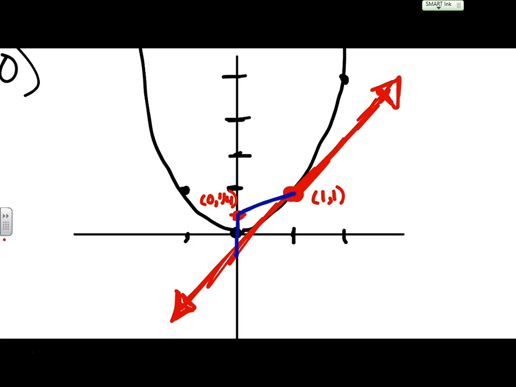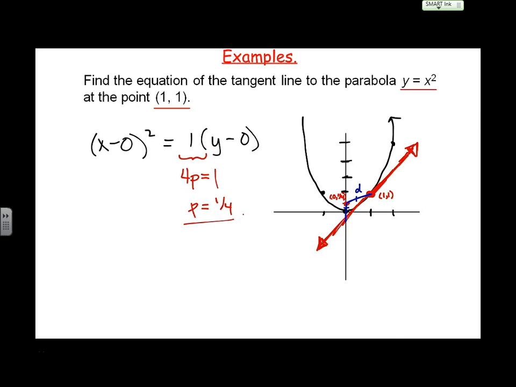Hey, geometry all over again. These are equidistant, even if the picture doesn't look like it. These are congruent. So, which one can I find because I know the 2 points? The distance between (0, 1/4) and the focus. So let's find D.